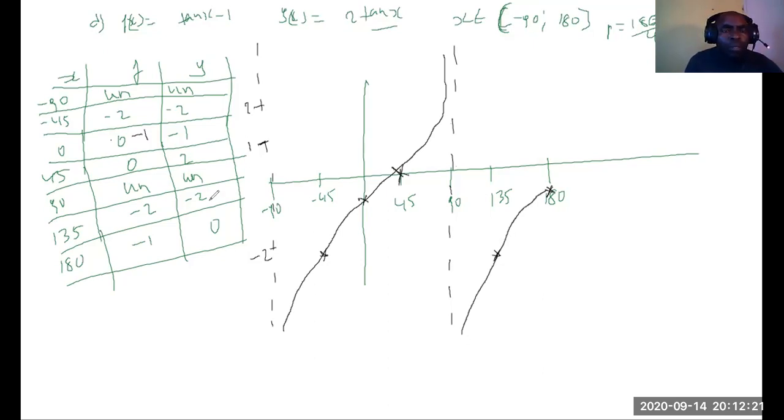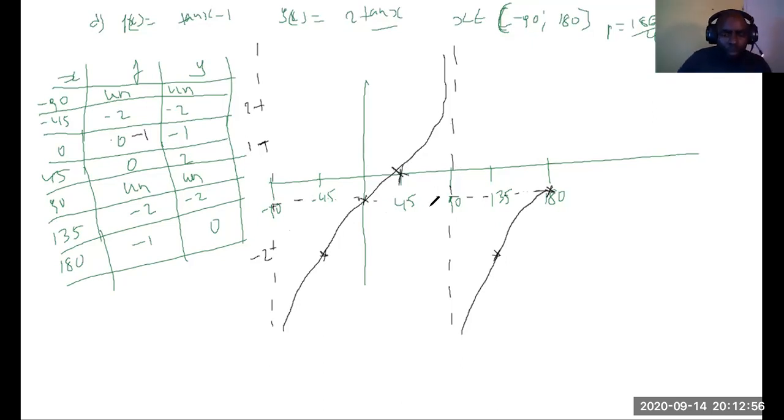Because I remember it has shifted -1. Where's the -1? Tan x minus 1. Yes. It was 1, came to 0. Yes, that makes sense. Yeah.